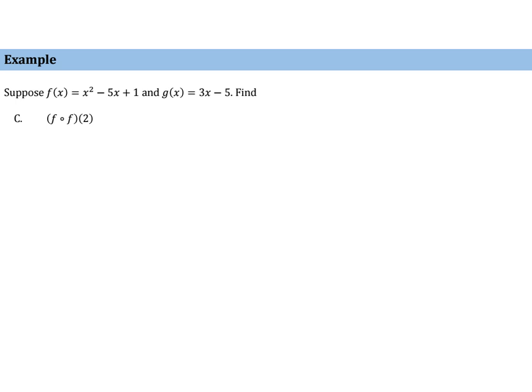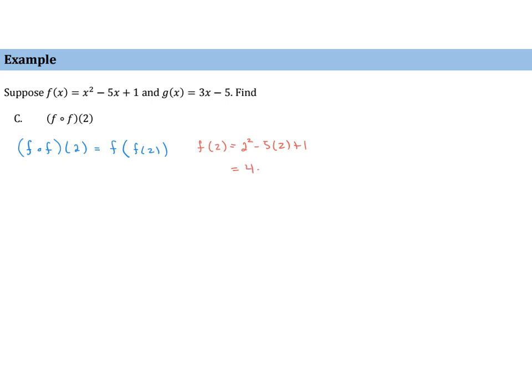Now, let's look at f composed with f of 2. I'm going to do this problem 2 different ways. So we've already seen that if we have f composed with f of 2, what we can do is find f of 2. And f of 2, we know is 2 squared minus 5 times 2 plus 1.